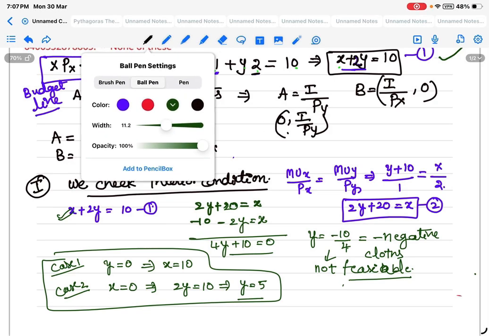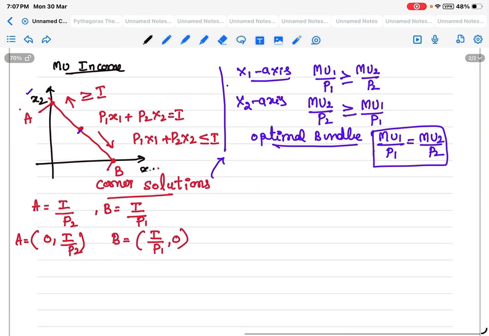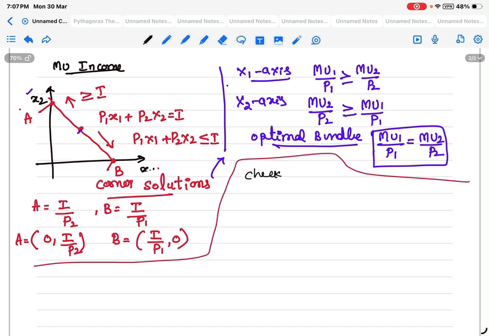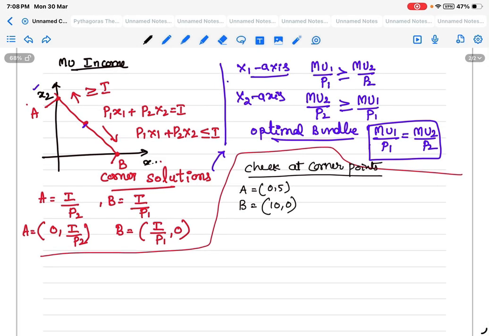So we check at the corner points. Because y cannot be negative, the interior solution is not feasible. So the corner points are A equals 0 comma 5 and B equals 10 comma 0.